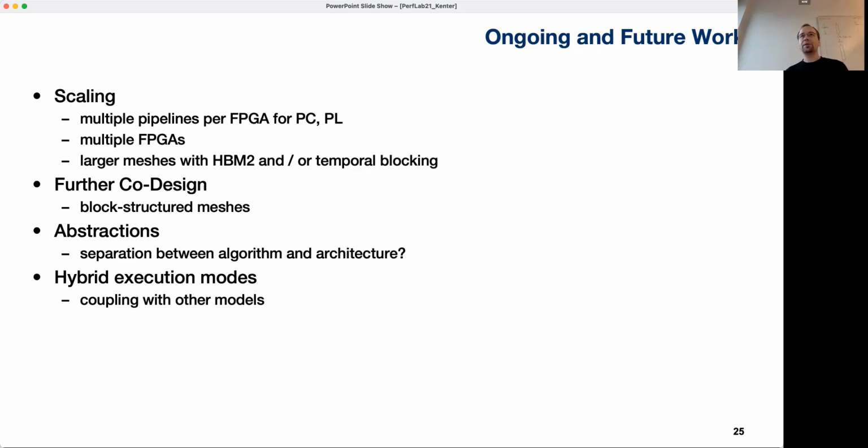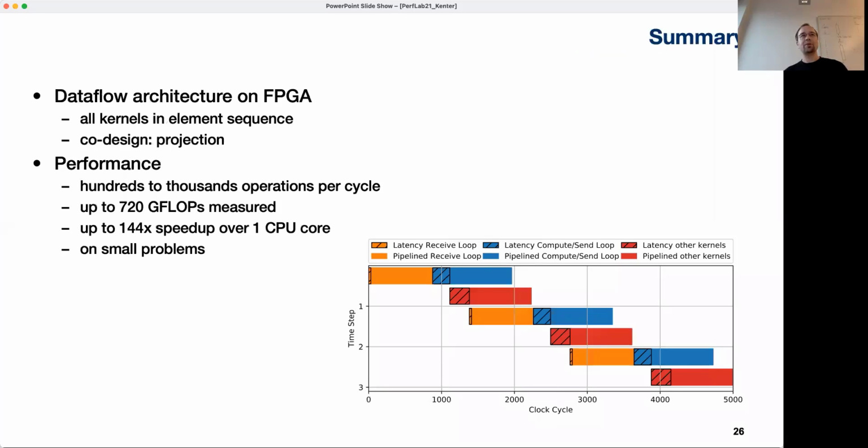Okay, and with that, I want to summarize my presentation. I have presented a data flow architecture on FPGA, where now all the kernels run in the sequence of elements. This was enabled by the co-design between algorithm and FPGA implementation.